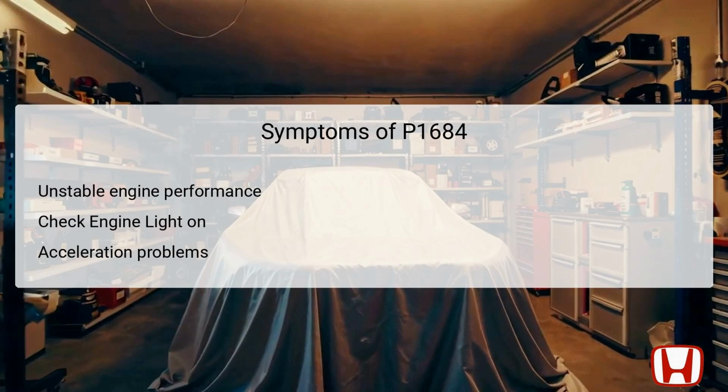Another apparent indication is the illumination of the check engine light, which serves as a warning that a system malfunction has occurred, specifically related to the throttle system in this case. Drivers may also encounter difficulties with acceleration. The throttle may not respond as expected, leading to slower than normal acceleration or abrupt changes in engine speed. Awareness of these symptoms is critical for timely diagnosis and repair.